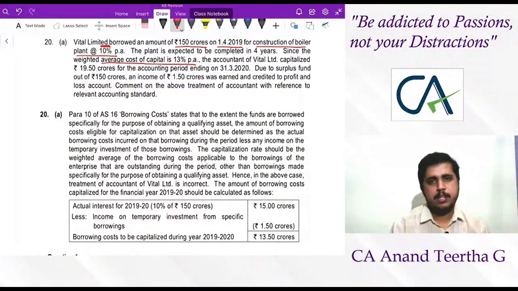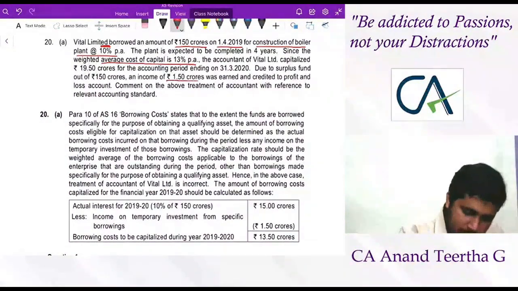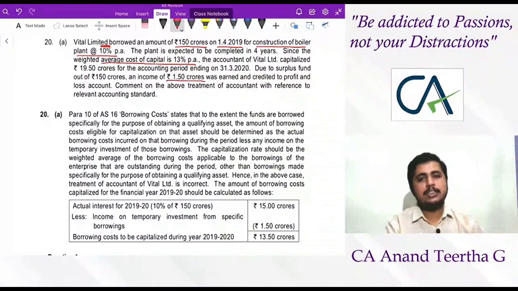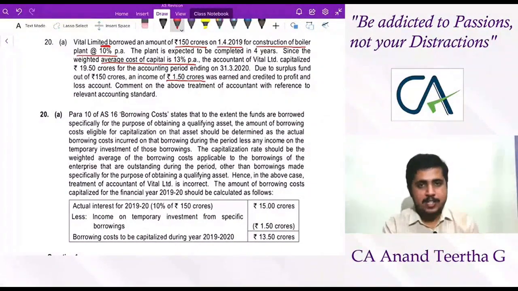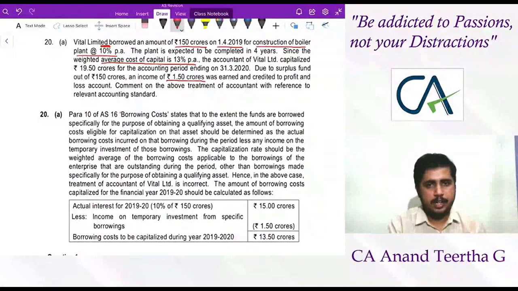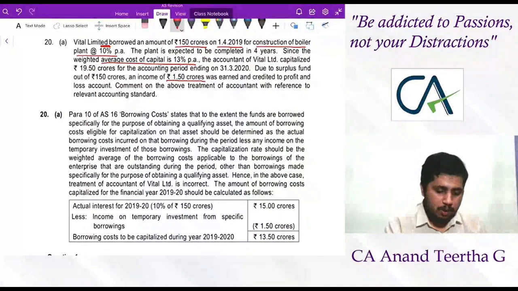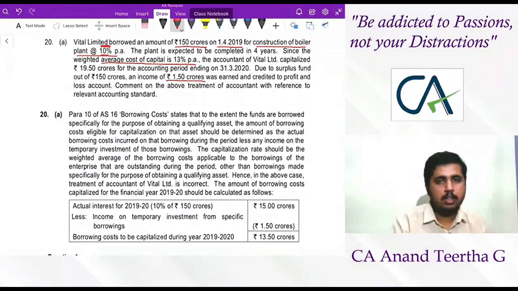Okay, so because of that, what is going to happen? That is number one. Second, when it comes to this particular borrowing also, there is a 1.5 crore income which is earned because there was surplus fund with you. How do we deal with it? If you now remember, if there is a specific borrowing, what should we consider? Actual borrowing cost incurred minus any income from temporary investment. Correct? Now, what is the actual borrowing cost incurred? Actual borrowing cost incurred is only 10%.